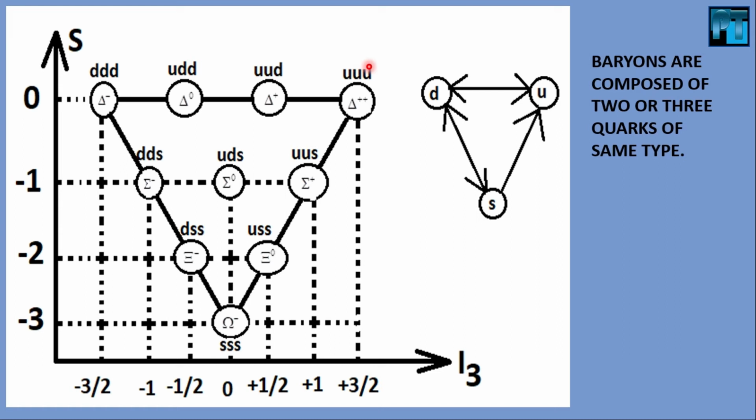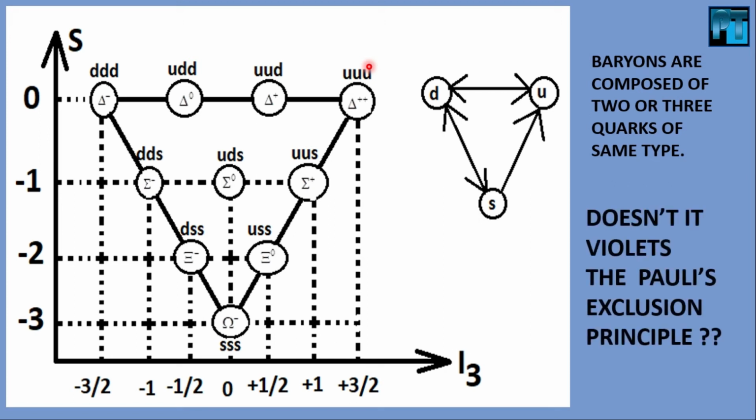But Pauli's exclusion principle tells you that no two particles can exist with the same quantum numbers. But see, same quantum numbers, all 3 particles, u u u, u u s, 2 u, same u. So this is a violation of Pauli's exclusion principle.